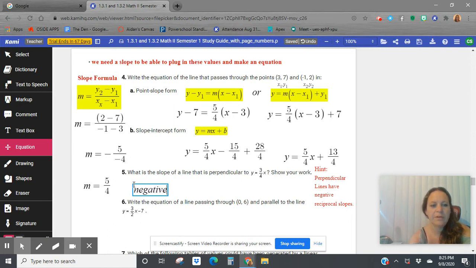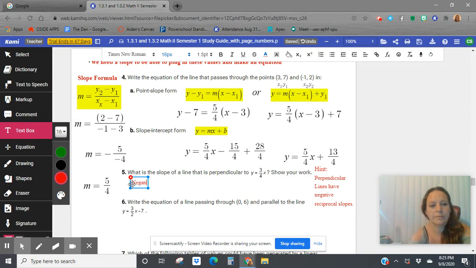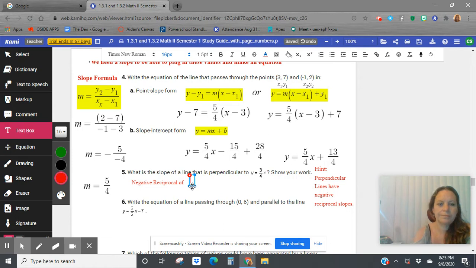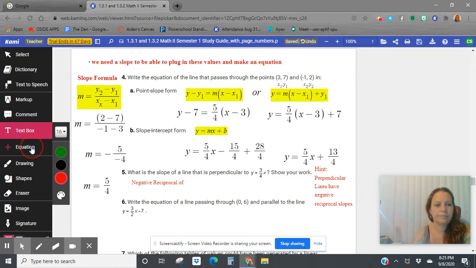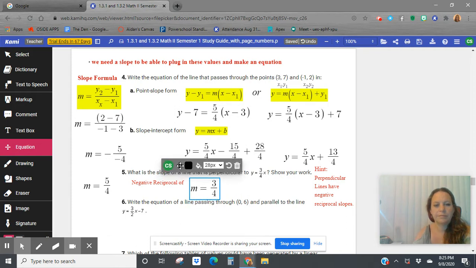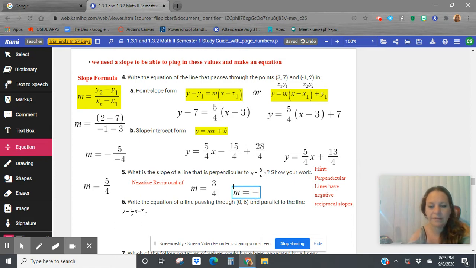So the negative reciprocal of 3/4 would be when we flip it and make it a negative.